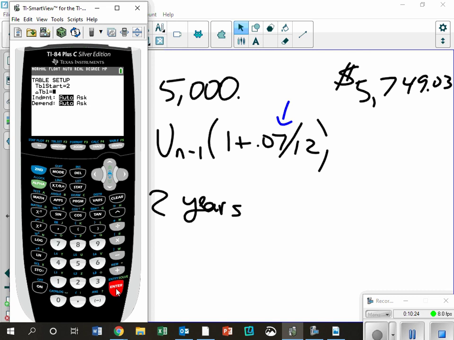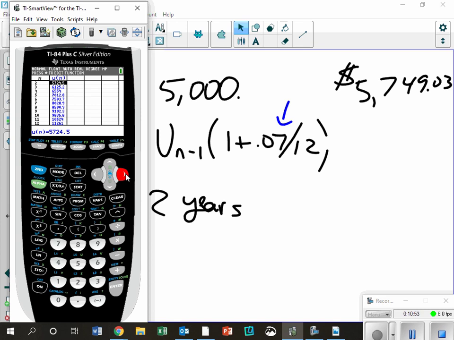And then I'm going to go back and hit table. And remember how it's supposed to be 5749.03? 5724.5. It is different. So doing it monthly, even though we're not adding anything every month, that's different, and it's more if you do it when you divide by 12. So more compoundings gives you more money.